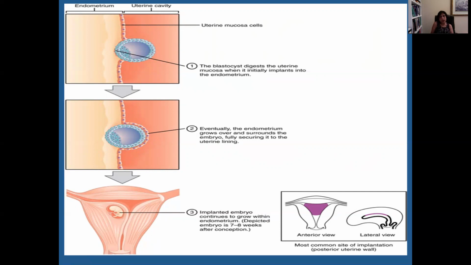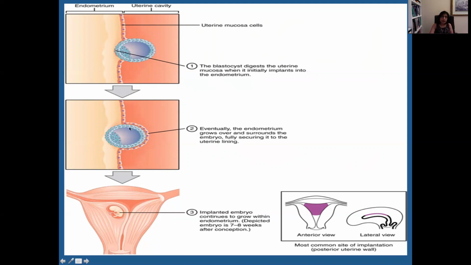The innermost is called cytotrophoblast. The outer one is called syncytiotrophoblast. Cytotrophoblast is the one that secretes human chorionic gonadotropin, HCG. This is the signal that keeps corpus luteum around for the next several weeks.